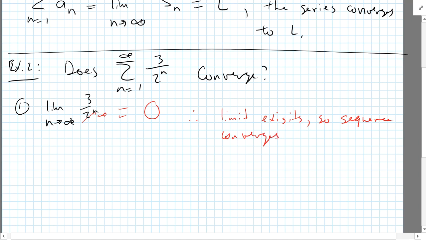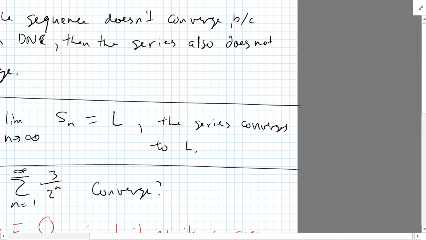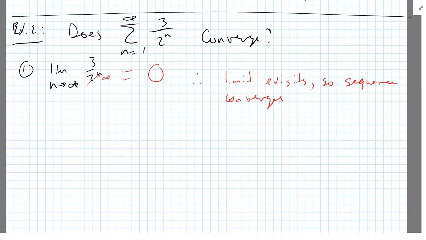Since the sequence converges, now I'm going to see if I can see a pattern with the partial sums. Before I get carried away, I'm just going to write this out.